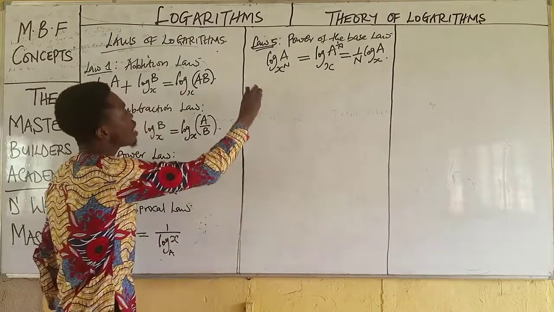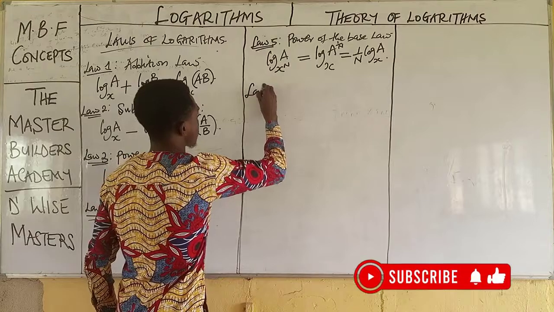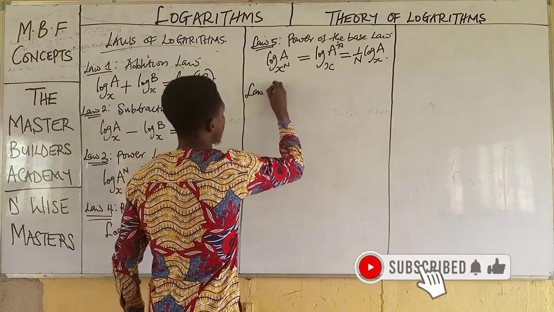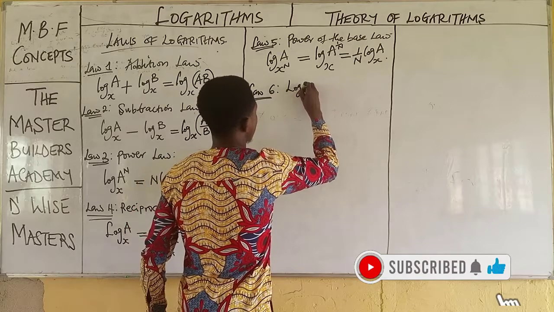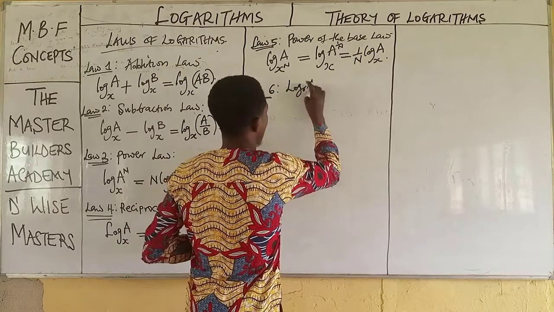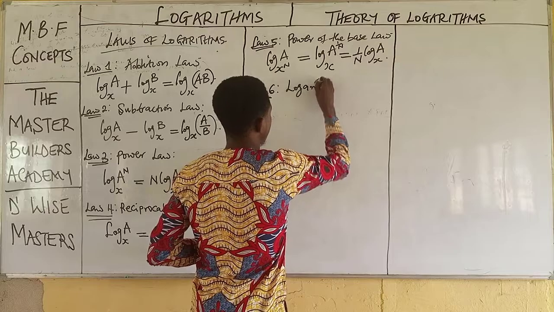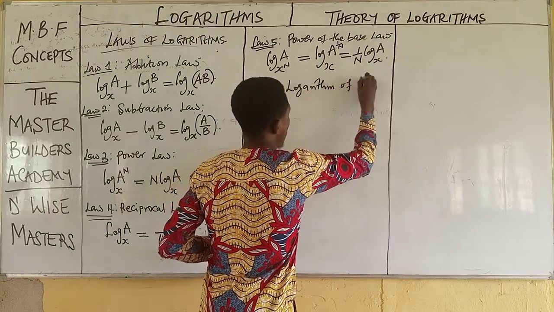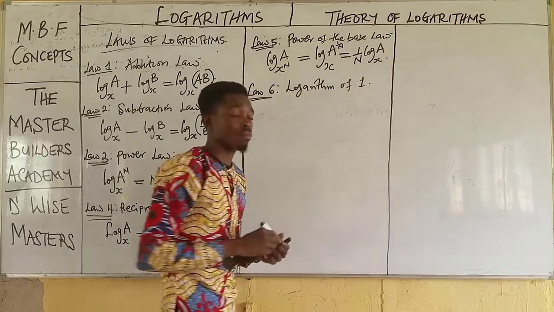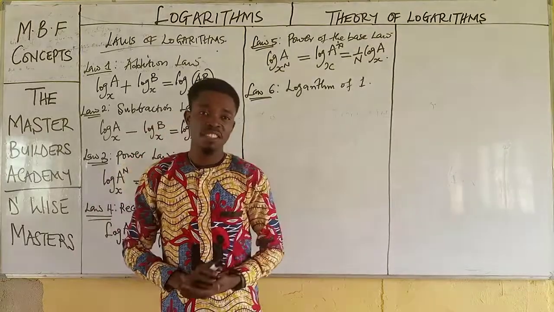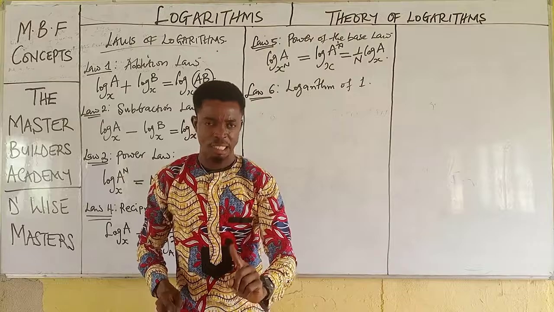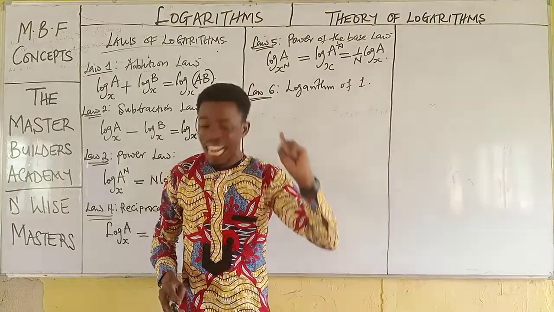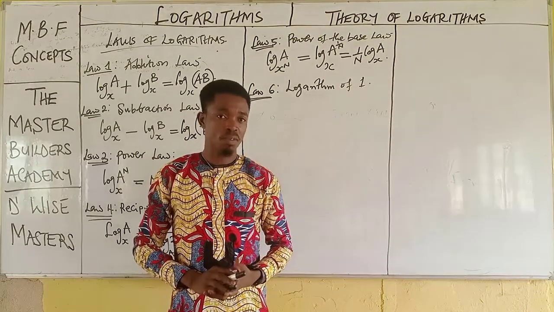Now, when we look at law number 6, this is the logarithm of 1. Now, listen carefully. The log of 1 to any base at all is 0.